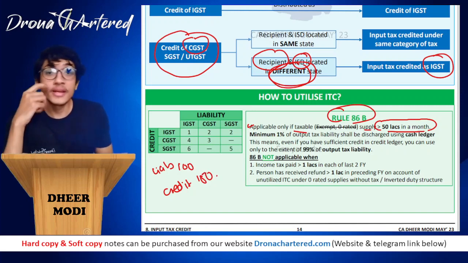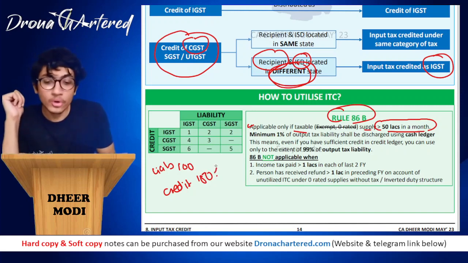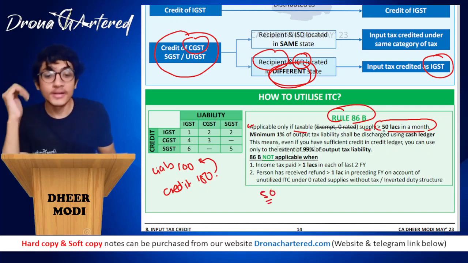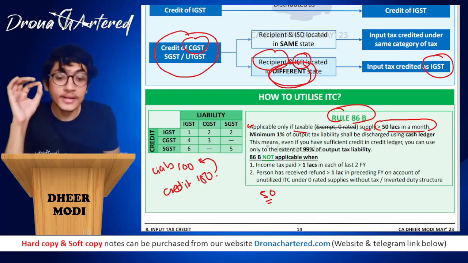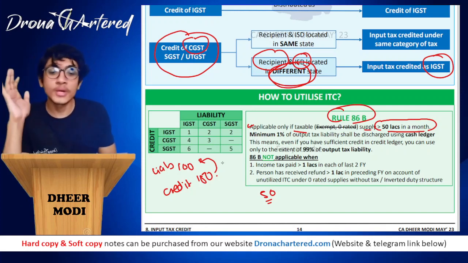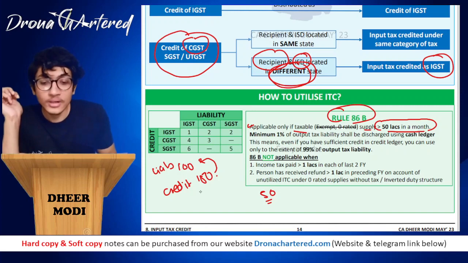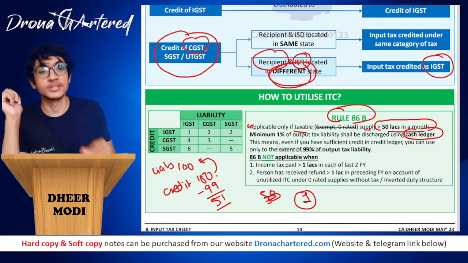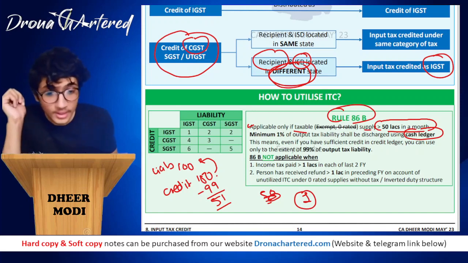Until 86B was applicable, we would automatically set this off and be left with a credit of 50. But now only maximum 99% of your liability you can pay. That means out of 100, only 99 rupees you can use from your credit. So you will be left with 51 rupees of credit, and at least 1 rupee you will have to pay via your cash ledger. Clear?